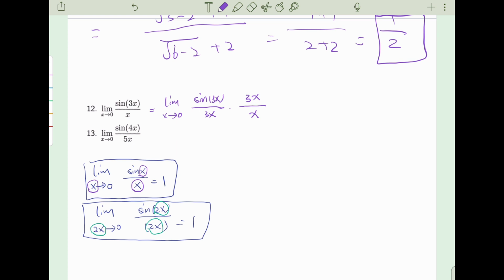However, by using the limit law, I can split this limit sign into the bracket. So now it becomes this times limit 3x divided by x. Okay? And these two limits both exist.